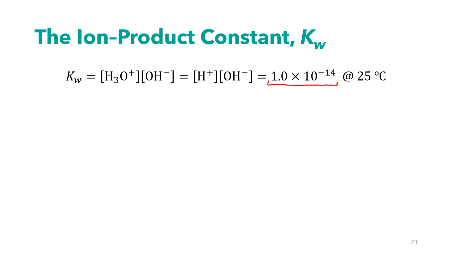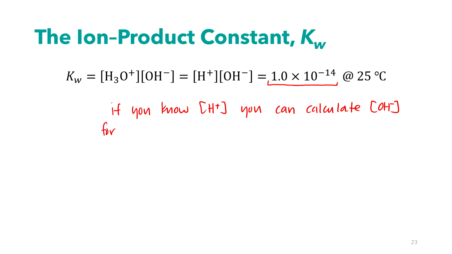What I really need you to take away from this is that if you know the concentration of H+, you can calculate OH-, basically for any aqueous solution, provided that you have the K. There are some instances, which I'm going to save for Tuesday, when we change the temperature, and that changes the value of K. But if you know K, then you will be able to solve for H+ if you know OH-, and vice versa.